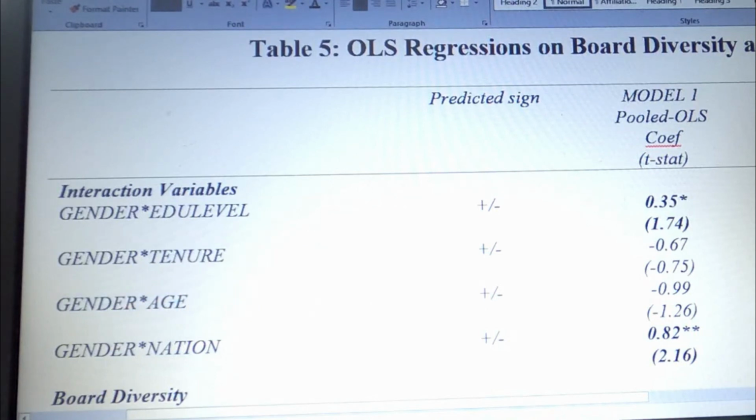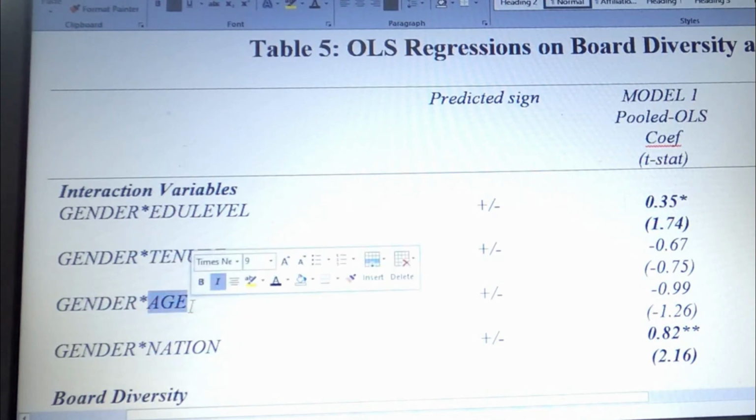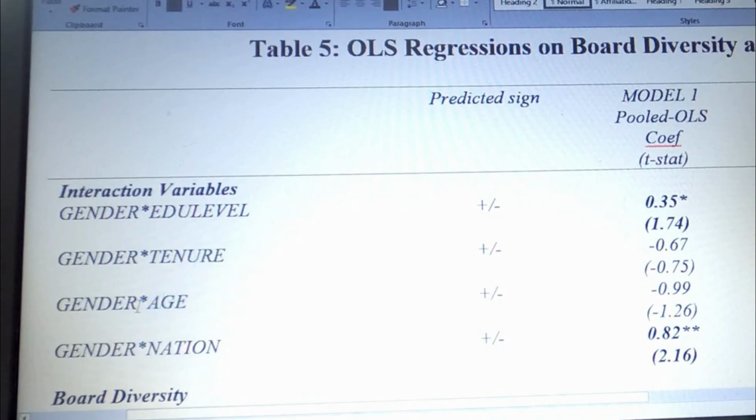This means that in the presence of gender in the company, the existence of age will reduce the CSR. This variable age, in the presence of gender, basically reduces CSR, which means that they are substitutive of each other.